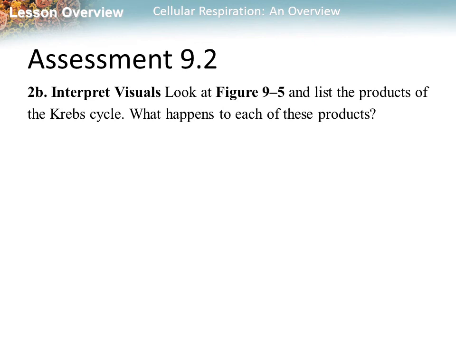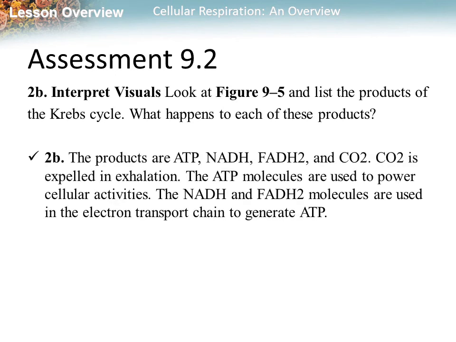What happens to each of these products? So the answer is, the products are ATP, NADH, FADH2, and CO2. CO2 is expelled in exhalation. The ATP molecules are used to power cellular activities. The NADH and FADH2 molecules are used in the electron transport chain to generate ATP.